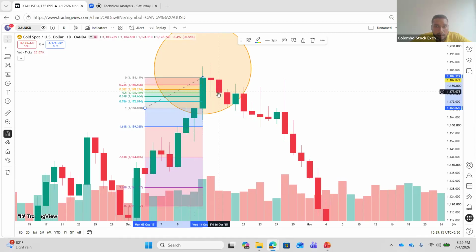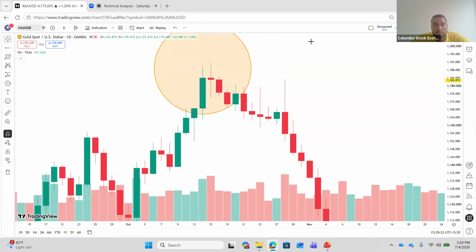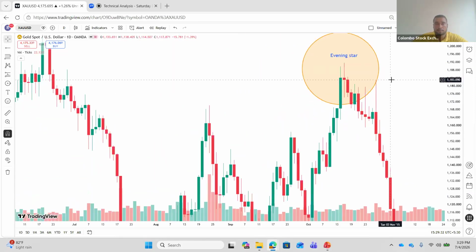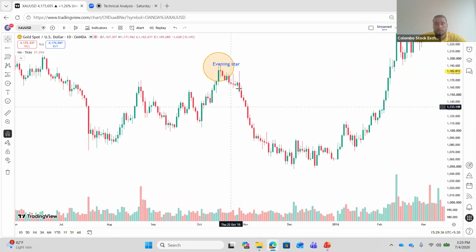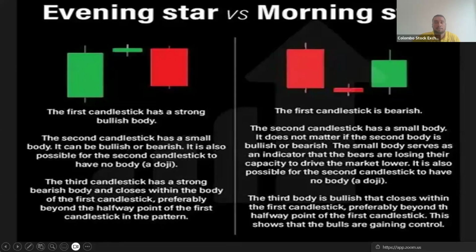And the third candle closed exactly at that point, right here. So this is also an evening star. And the price has gone down from that point. So evening star is bearish, morning star is bullish.